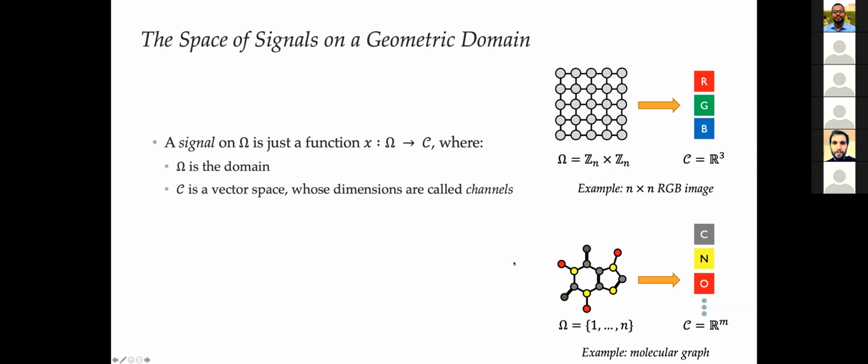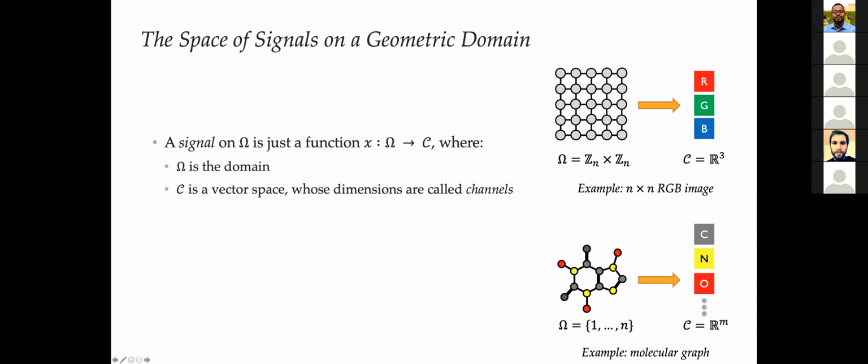Similarly, we can do the same for a graph. So here we have a molecular graph where now our domain is this set of nodes, which we could, for instance, label by the numbers 1 through n. And in this example, if we just ignore the geometrical positions, we could say that this molecule is described as a function from this graph to a vector space of dimension m, where m is the number of atoms that we care about in this problem.